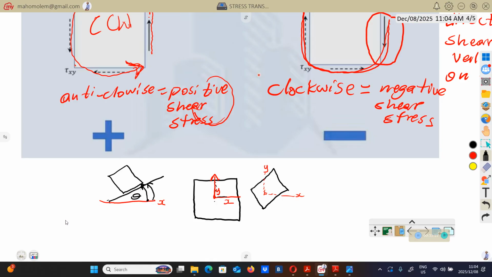So counterclockwise or anti-clockwise direction will be taken as positive for theta.